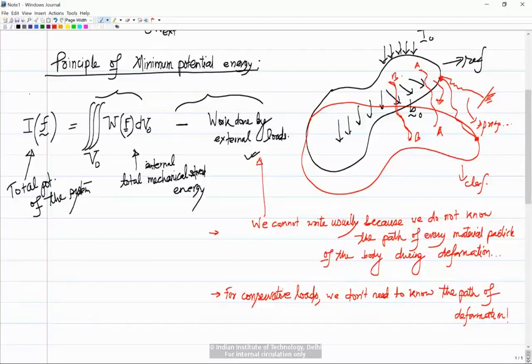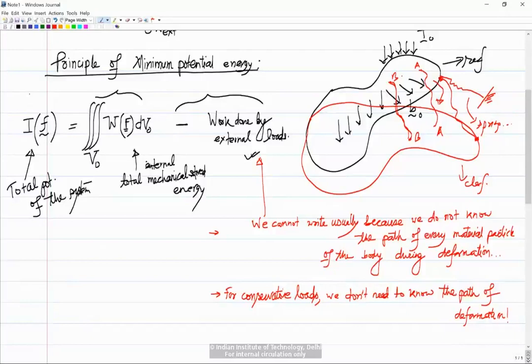The path taken by point A and point B are the deformation map. Yes, they are the deformation map during the deformation process. Then we can find that deformation map as we have discussed, like using LMB and the constitutive relation.